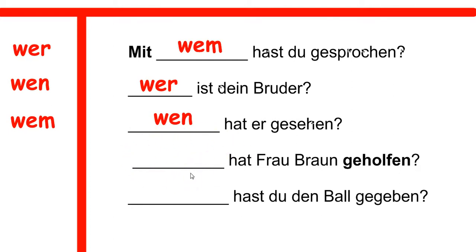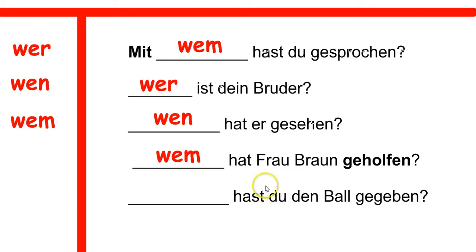Whom did Frau Braun help? But remember, there are two whoms. This geholfen comes from the verb, it's the past participle of the verb helfen. And helfen is a dative verb. So helfen, dative, wem hat Frau Braun geholfen? Because of helfen, dative.